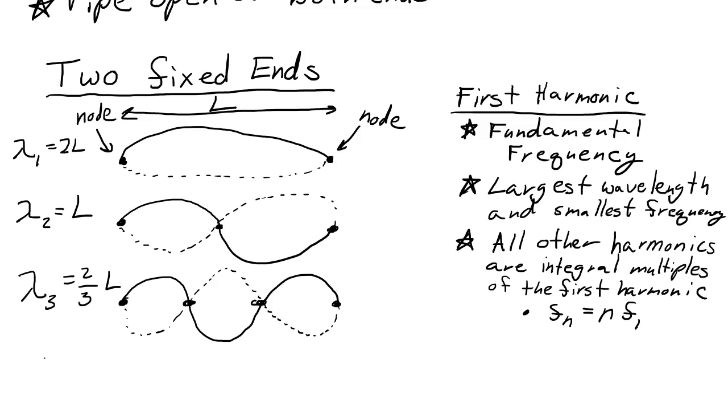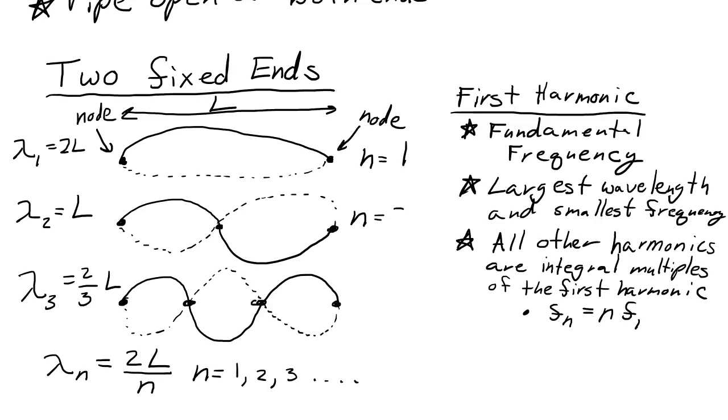So we can say that the wavelength of the nth harmonic is equal to 2 times the length of our string, or column of air, depending on how we're doing this, divided by the harmonic number, where our harmonic is some integer, 1, 2, 3, and so forth. So for example, our first harmonic up here would be n equals 1, our second harmonic down here would be n equals 2, our third harmonic would be n equals 3, and so forth.